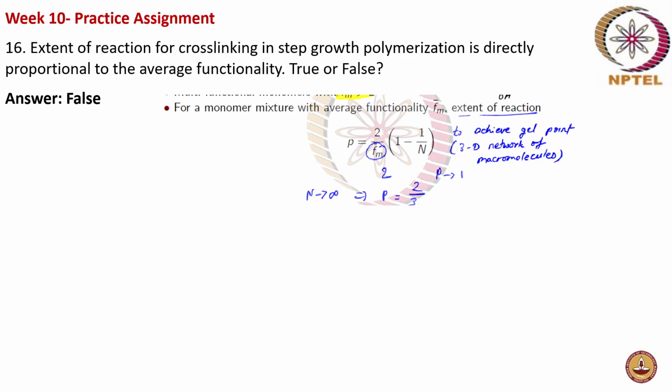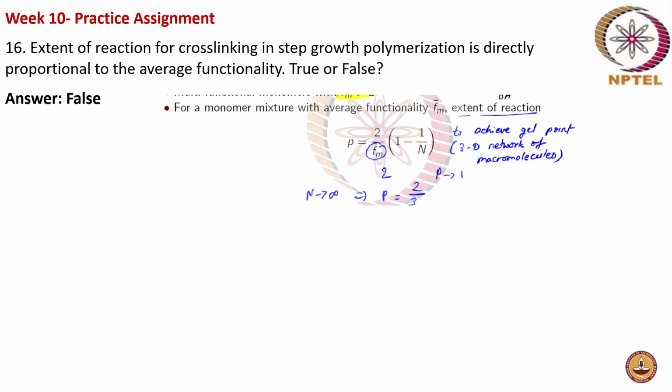If you have higher and higher functionality, the extent of cross-linking reaction required to cross-link the polymer is lesser. For example, consider n tends to infinity, and fm is your average functionality.